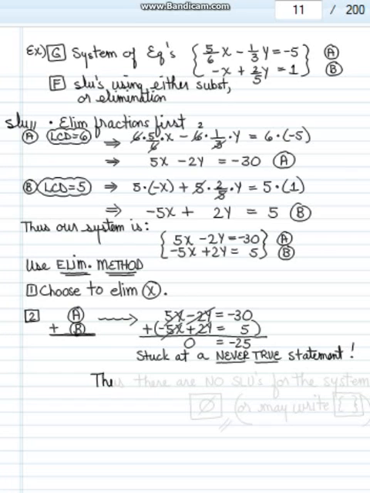Thus, if we're stuck at a never true statement, that means there are no solutions to this system. And when we have no solutions, it is an inconsistent system. So I can say there are no solutions for the system.